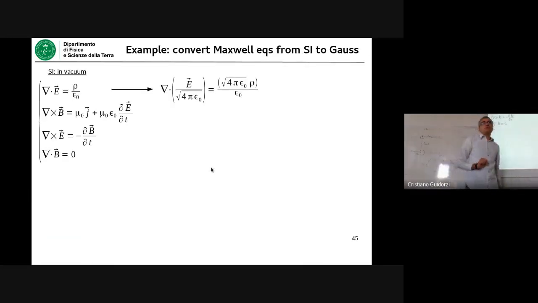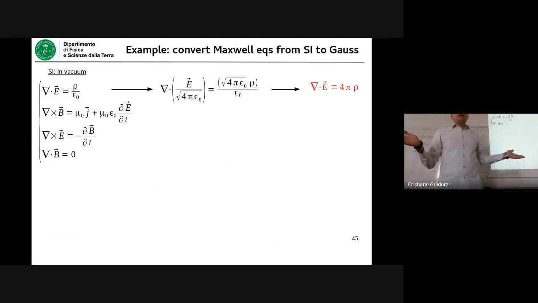That's exactly what you do: instead of E, what I find in that table, and instead of the charge density, the charge density times the square root. As I said, you just have to remember that. In this case, it's just straightforward. And that's indeed the first Maxwell equation in the Gaussian system.